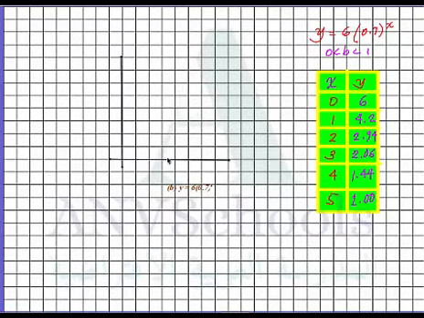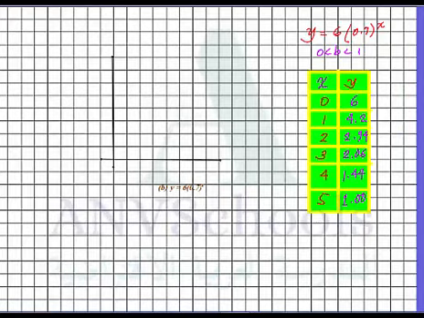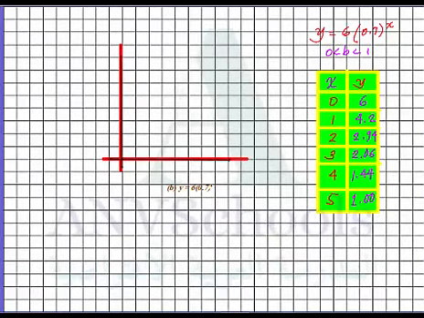So this is our x, and this is our y. So make it somewhat colorful. If our x is equal to 0, we have 6. So 0 and 6. We have a y-intercept at 6. Y is equal to 6.